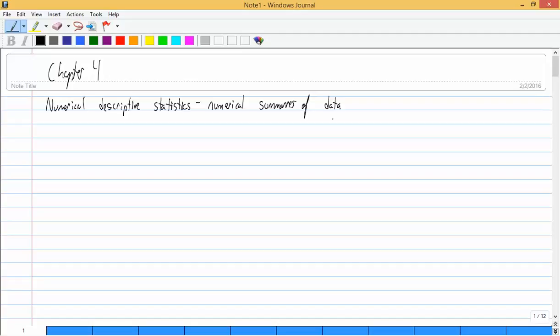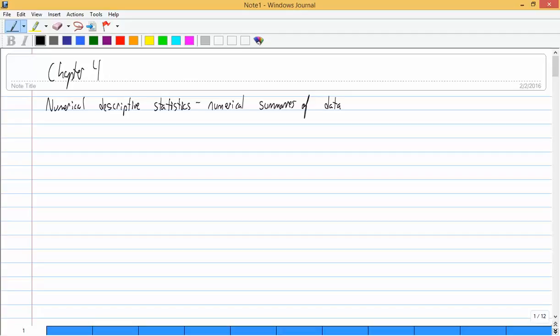Like if I was to tell you that the average on the first test in here was a 90.3, or some of the examples the book gives, like the proportion of United States residents earning below the poverty level is 11.7% in 2001. So, numerical summaries of data.